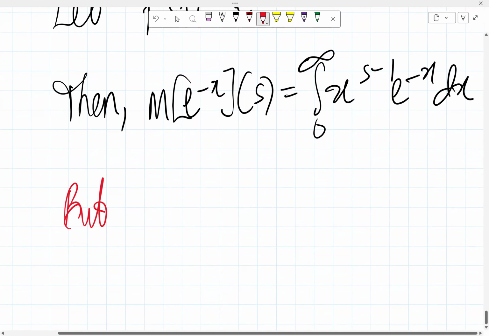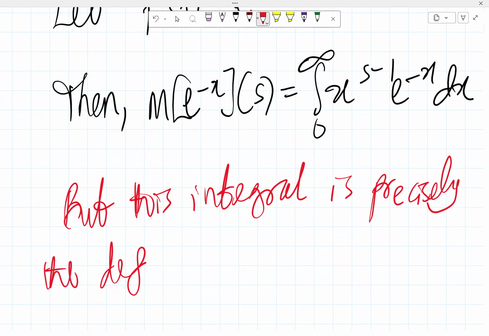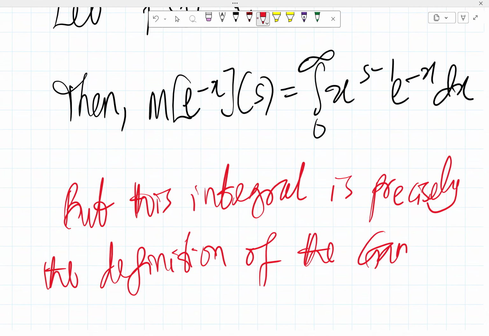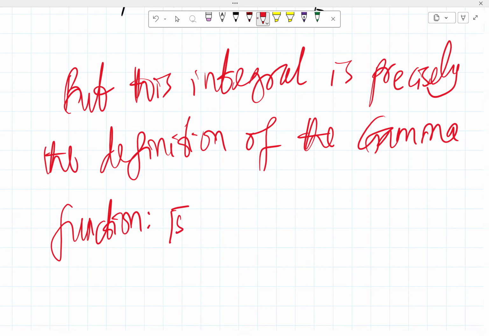But this integral is precisely the definition of the gamma function. So it is the definition of the gamma function. Being the definition of the gamma function, we see that gamma s is equal to the integral from 0 to infinity of x raised to the power s minus 1 e raised to the power minus x dx.